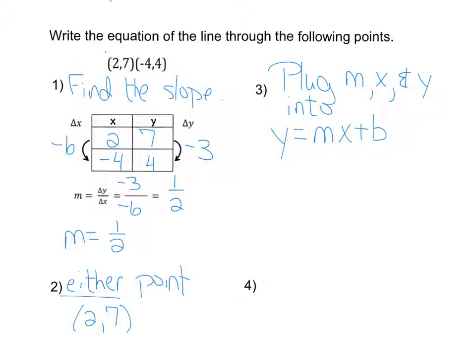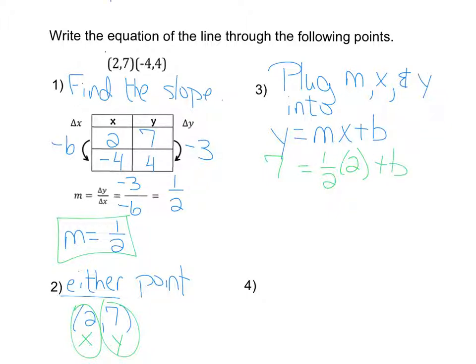All right, so here's m. m is 1/2. Here's x. x is 2. And here's y. y is 7, because that's an x-coordinate and a y-coordinate. And I don't know b. That's what I'm trying to solve for.